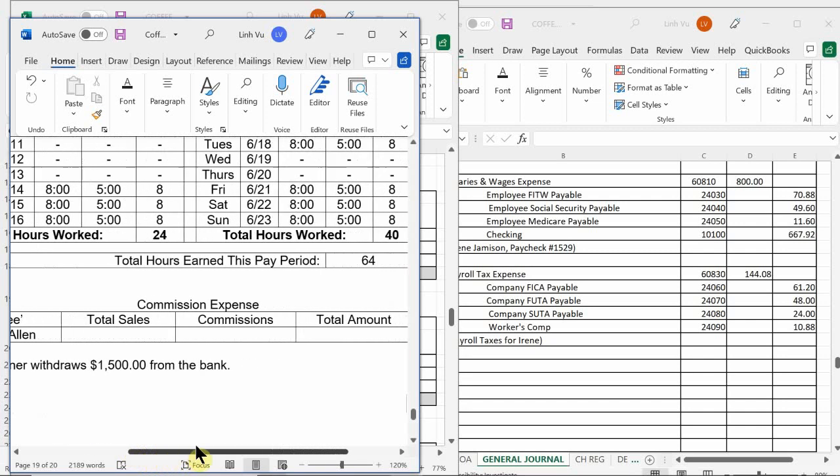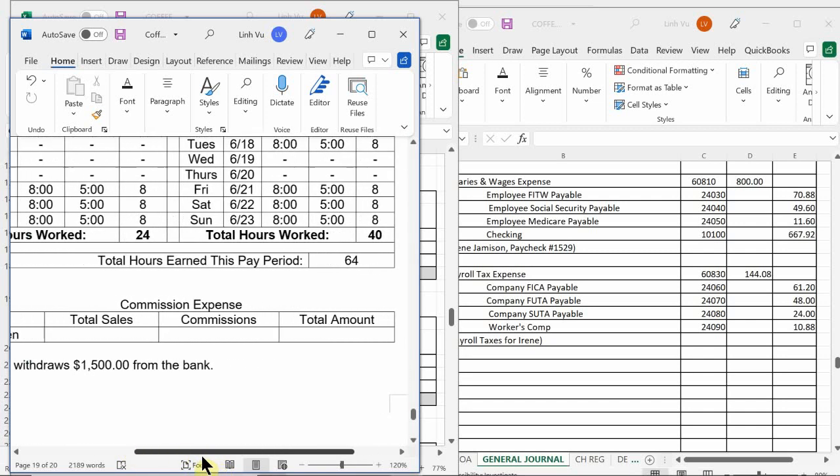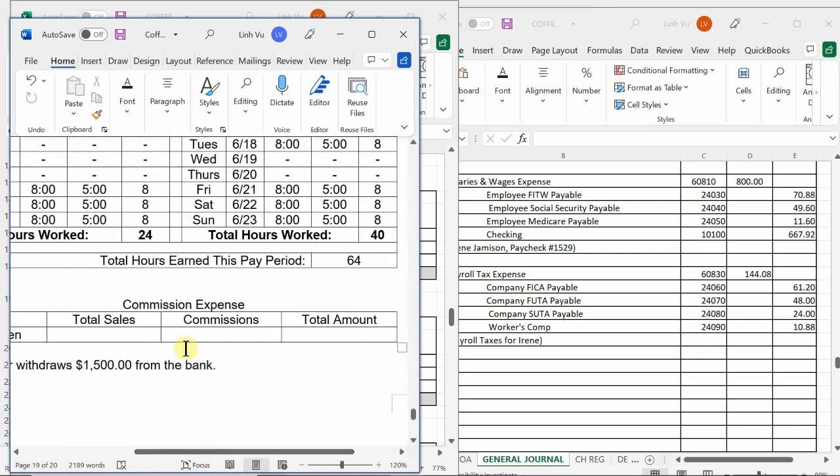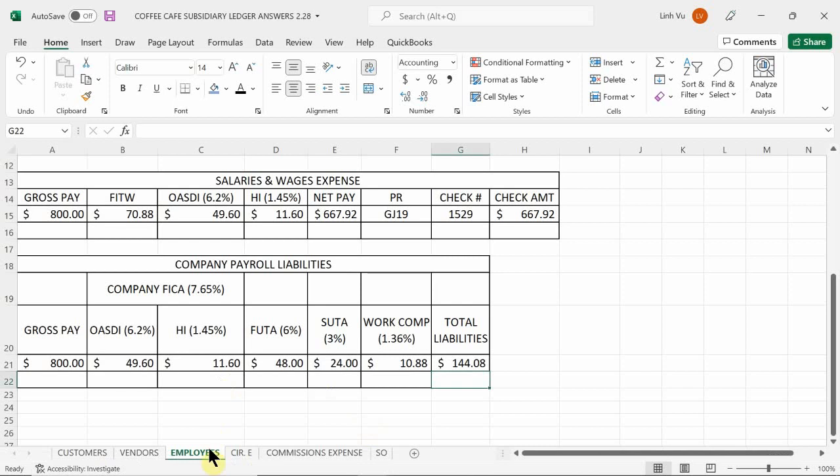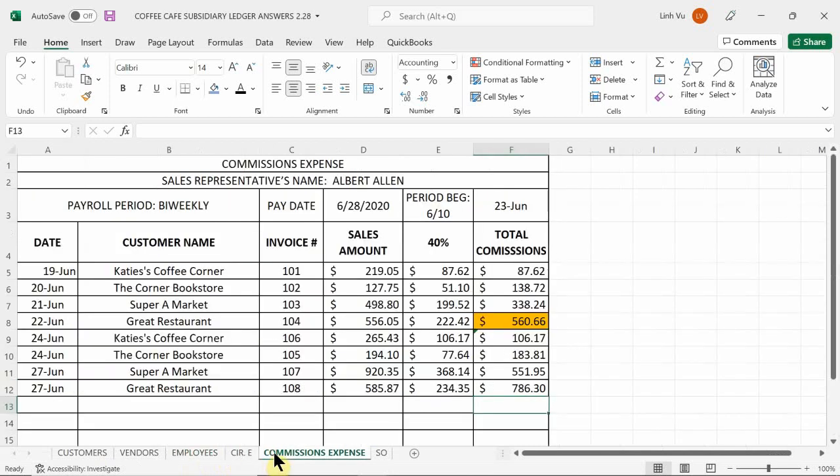So right now, what was the total amount of sales? What was the total amount of commissions? And what is the total amount that he's going to get? So in this case, the commissions is going to be 40%. Okay. Now, how much was his total sales? We would have to go to his commissions worksheet. Okay. So in this case, we said we're going to pay where the payroll period ended on the 23rd of June.